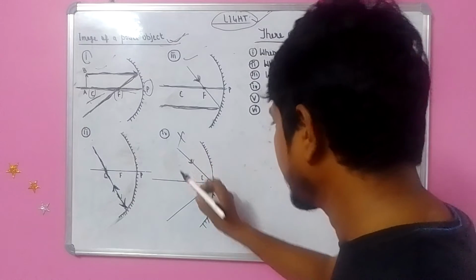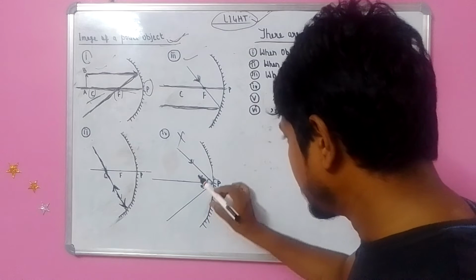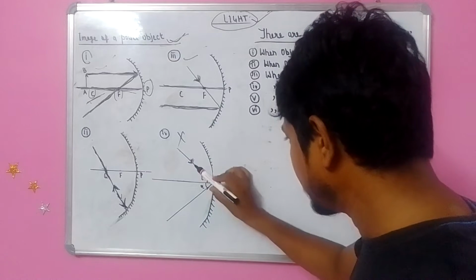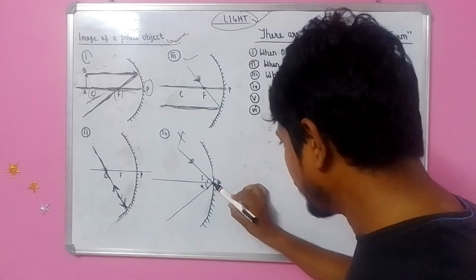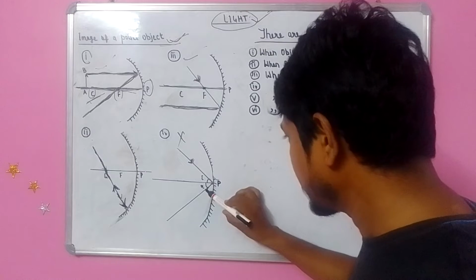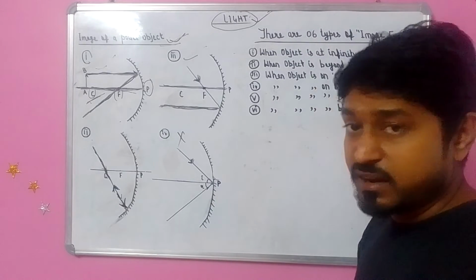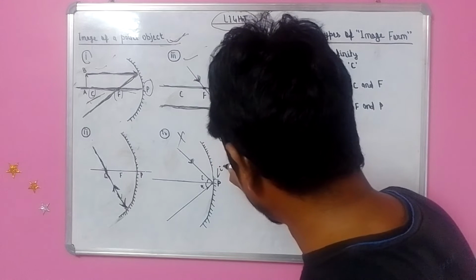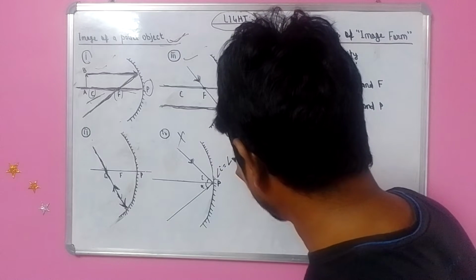Rule 4 says a ray of light incident at the pole goes back after reflection with the same angle, that is, angle of incidence is equal to angle of reflection.